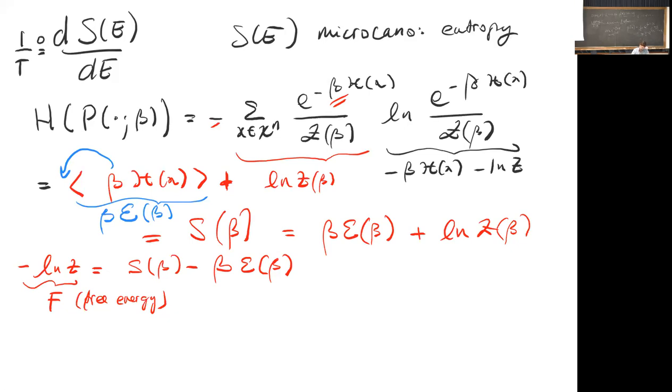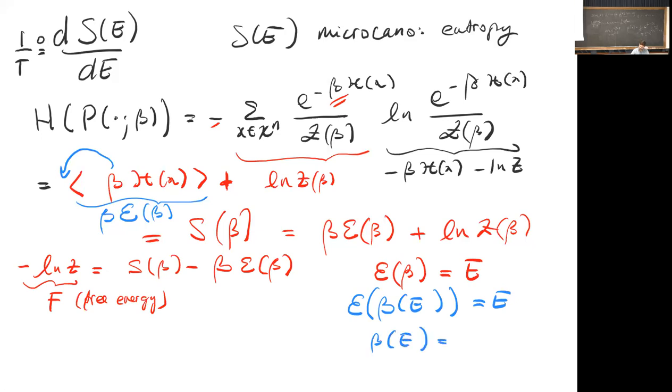If you fix epsilon of beta, if you say that it's equal to some value E, then there exists a beta of E such that indeed this relation is true. This beta of E is given by the inverse of this function.